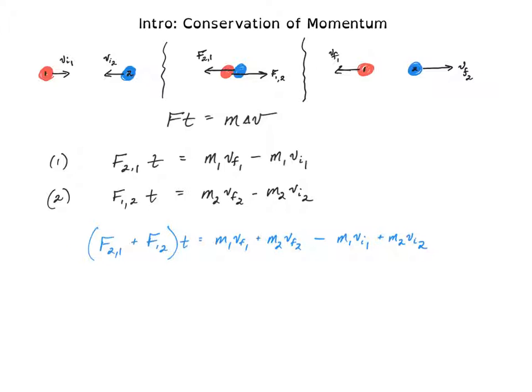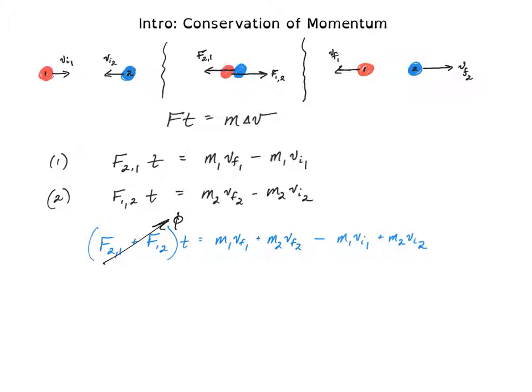Now, this whole big thing here we can simplify if we think conceptually about what's going on with these internal forces, the forces that objects 1 and 2 are applying on one another. F21 is pointing to the left. We typically take the left as negative, and F12 is pointing to the right. We take that as positive. Now, remember in Newton's third law that these forces are actually equal to one another. So what does that mean right here? Well, that means that these sum to 0.